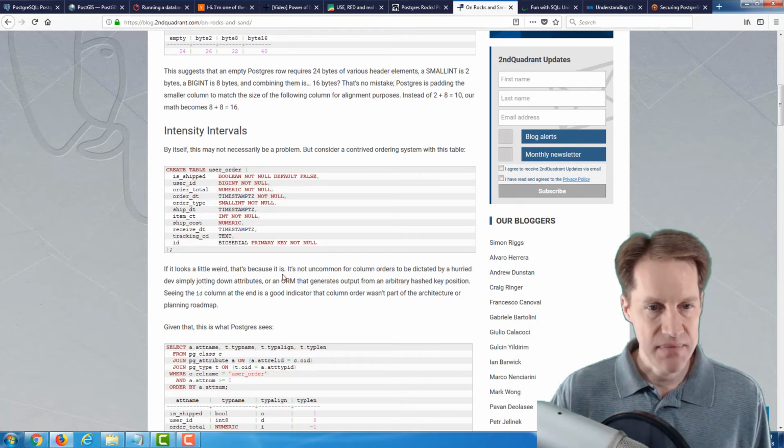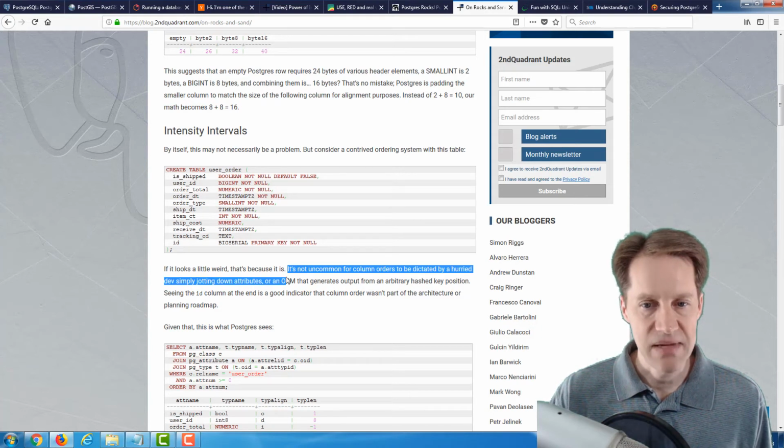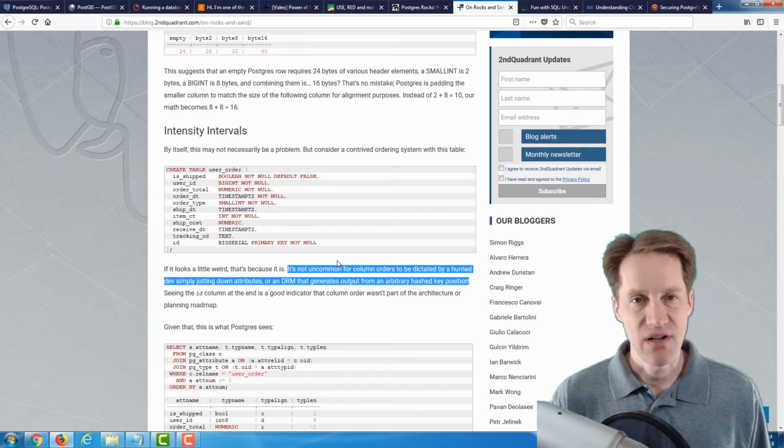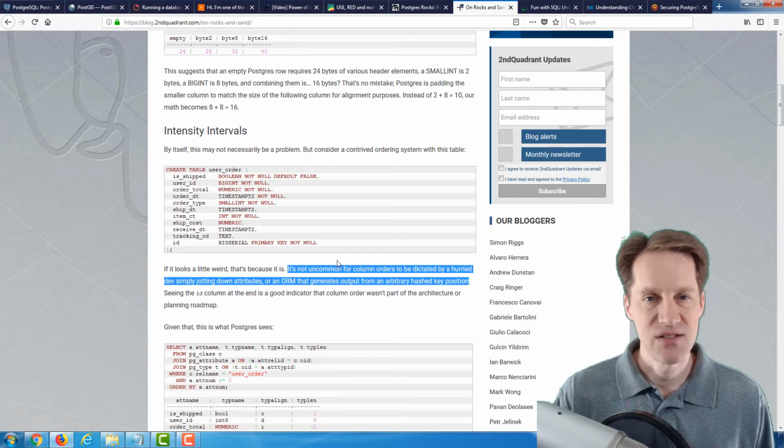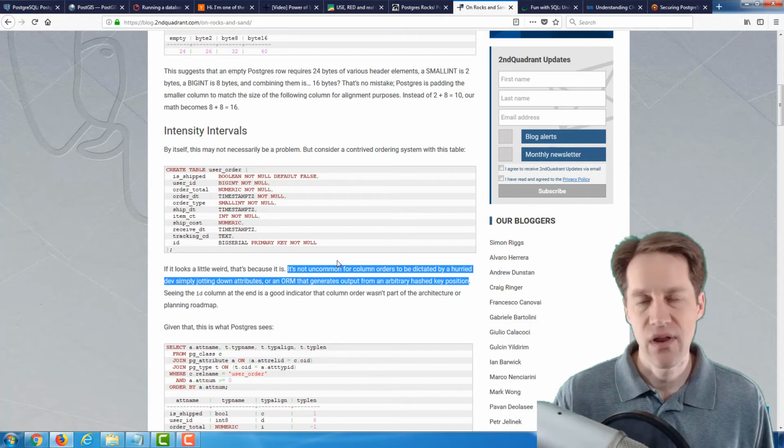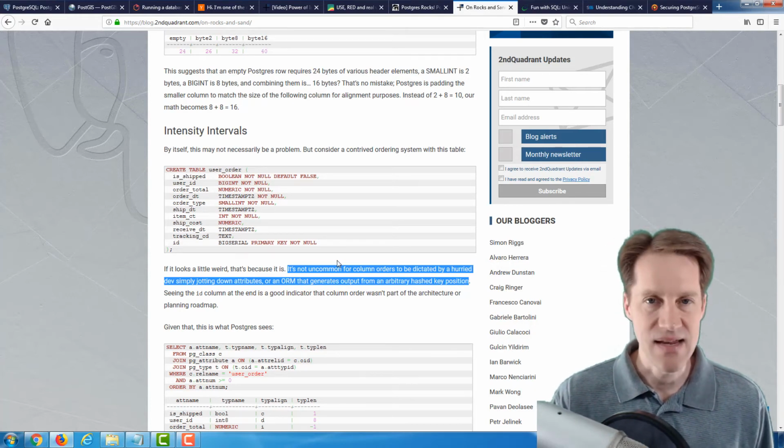Now they have a comment here because it says, quote, "It's not uncommon for column orders to be dictated by a hurried dev simply jotting down attributes, or an ORM that generates output from an arbitrarily hashed key position." Now, in my experience in terms of doing development, new features need to be supported and new columns get added, and that kind of causes havoc with any kind of ordering.